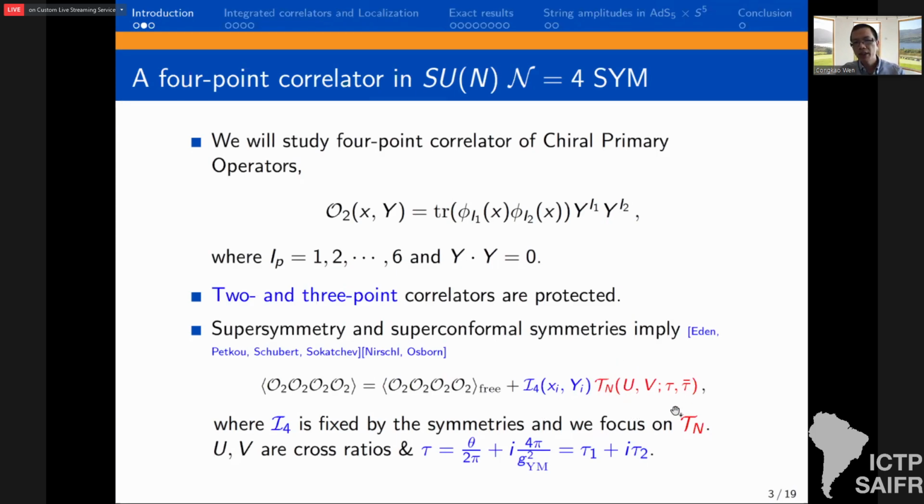And this unique function T_N is our focus. This is a function of the cross ratios, and it's also a function of the coupling. I will be interested in non-perturbative effects, so I will use the complexified coupling, tau equals tau1 plus i tau2, where tau1 is basically the angle and tau2 is 1 over g_YM squared. And of course, it also depends on the rank of the gauge group.